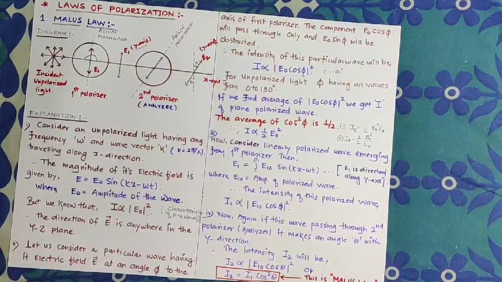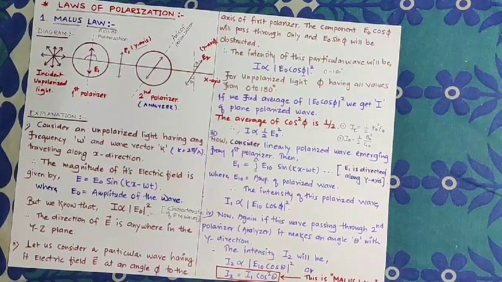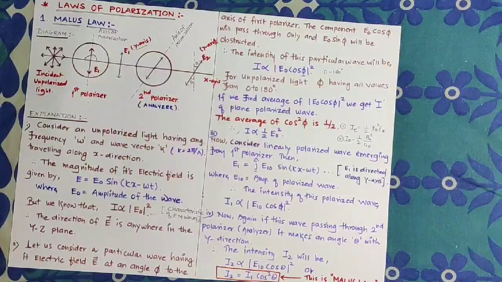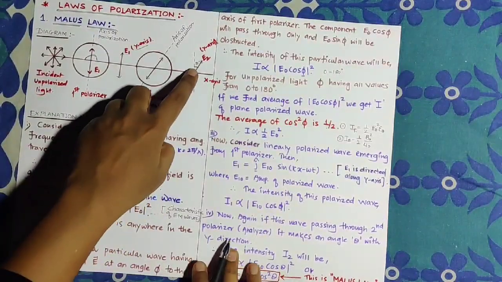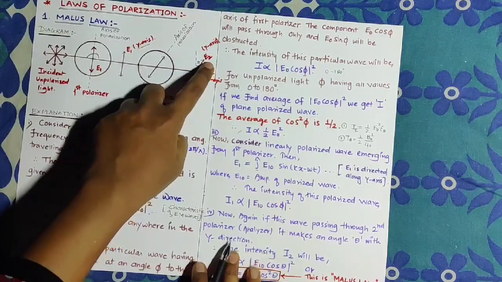But when we consider a single atom, then we can say that the wave is along the x-axis, the electric field is along the y-axis and the magnetic field is along the z-axis. But when we consider a number of atoms, we cannot say the direction of the electric and magnetic fields, because they can be directed along any direction in the yz plane. That's why we consider theta in case of E2.